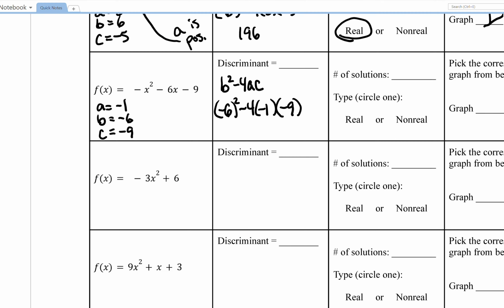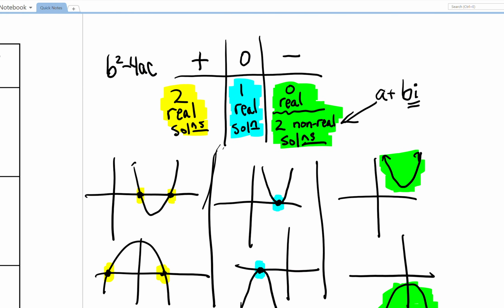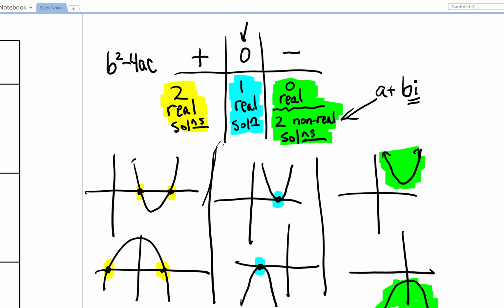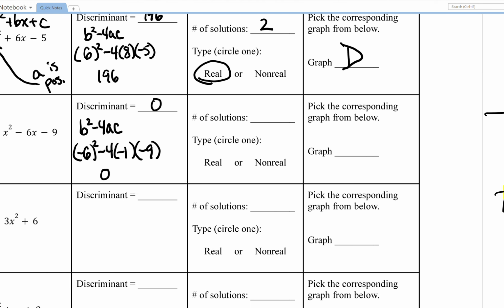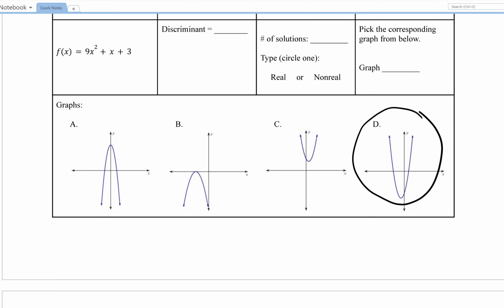So the value of this is 0. My discriminant is 0. And to go back here, once again, if my value is 0, that's this one right here, then you're going to have one real solution. And then I go down and look and see which one of these have one real solution.